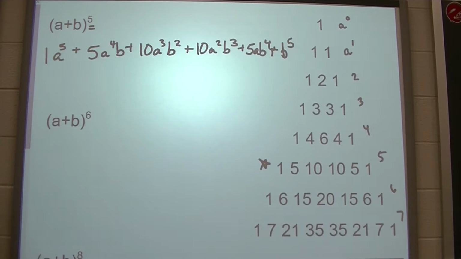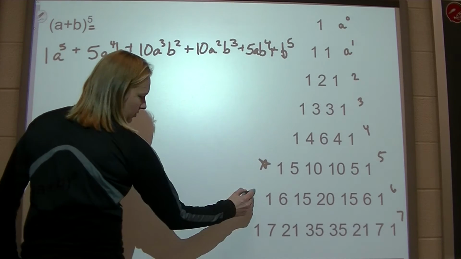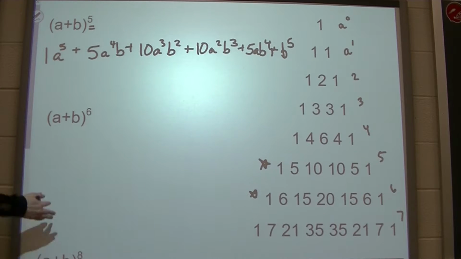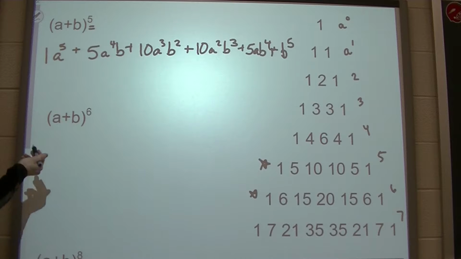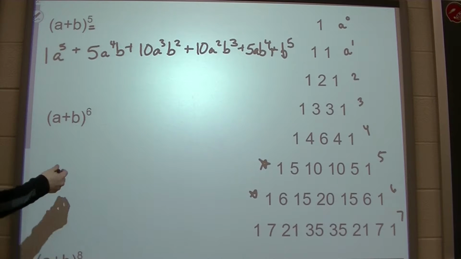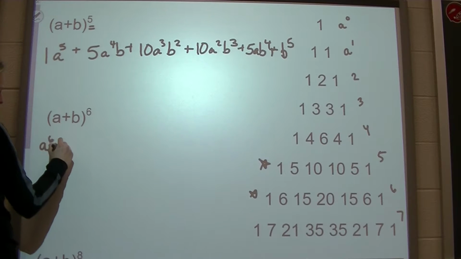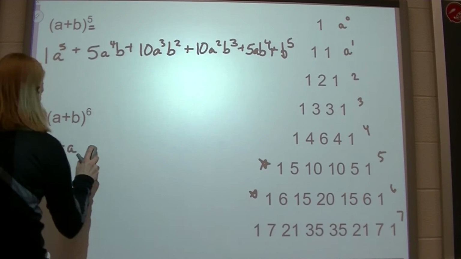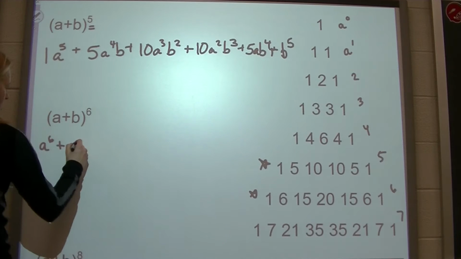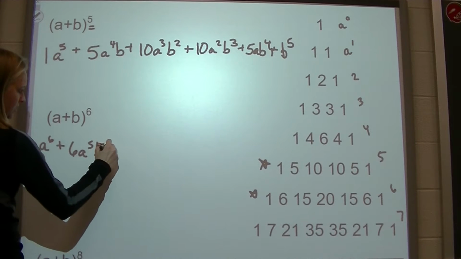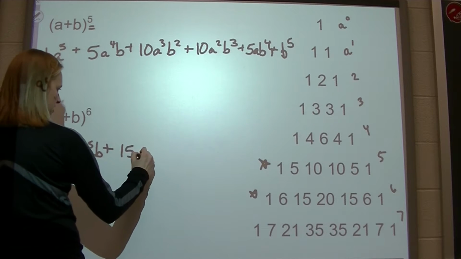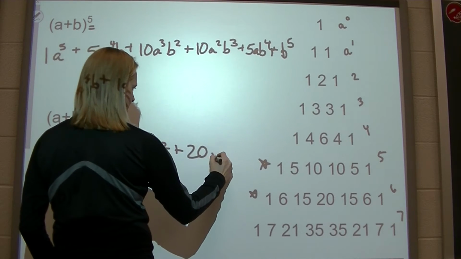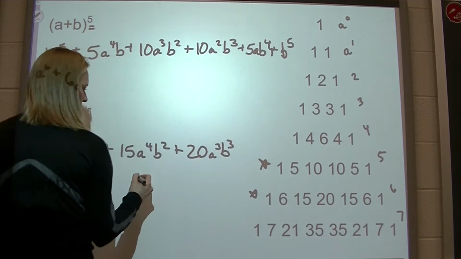But this, a plus b to the sixth, okay, so now we're in this column, so let's use it here. I'm not going to put the 1s there because we already know the coefficients of 1 we don't necessarily need to write. We're going to have a to the sixth plus 6a to the fifth b plus 15a to the fourth b squared plus 20a to the third b to the third.